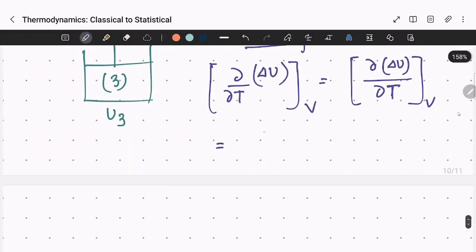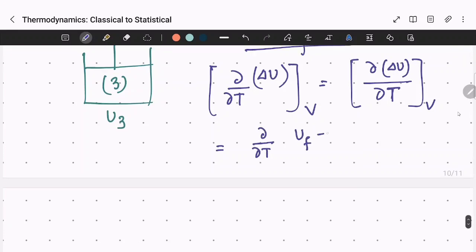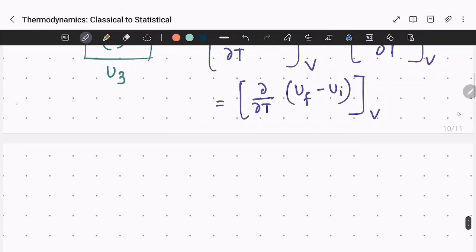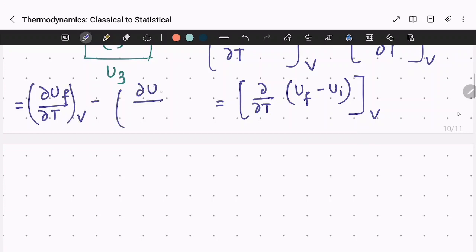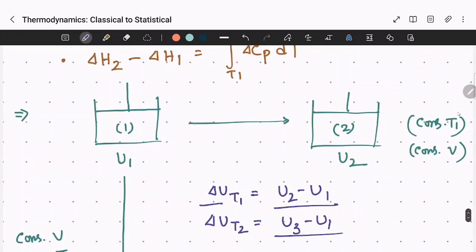So you can write del T of, in general, UF minus UI, initial to final. Okay, so then you can write del UF del T at V, and del UI del T at V. So this is CV for F, and this is CV for I. Let's consider this change.